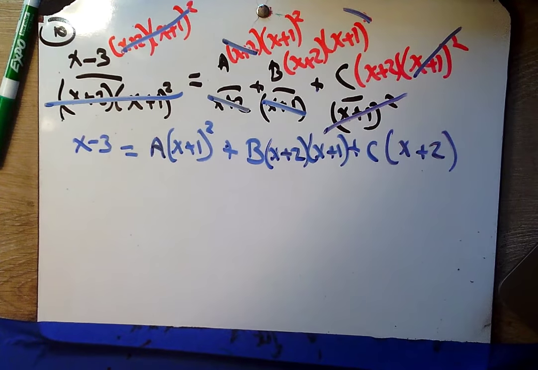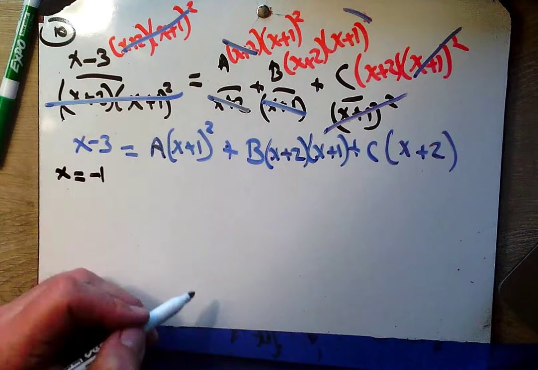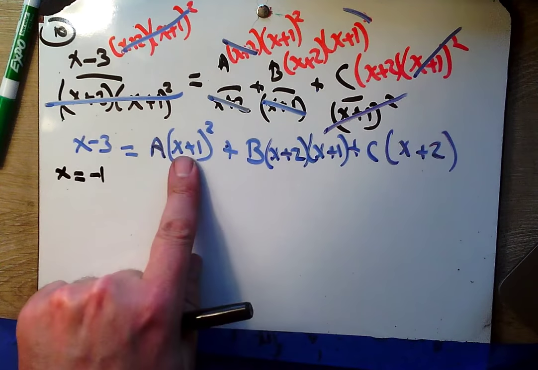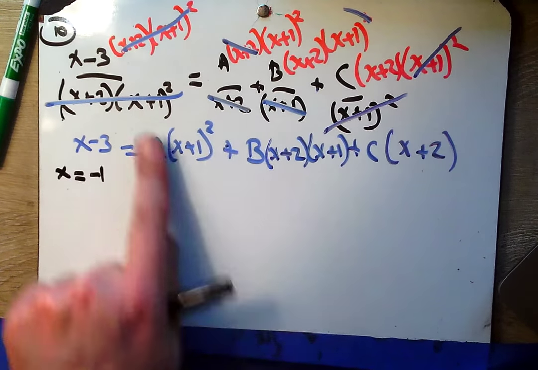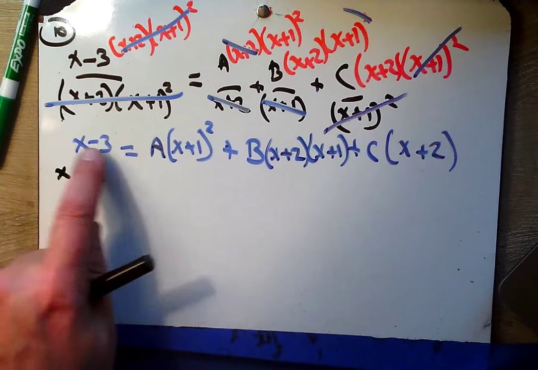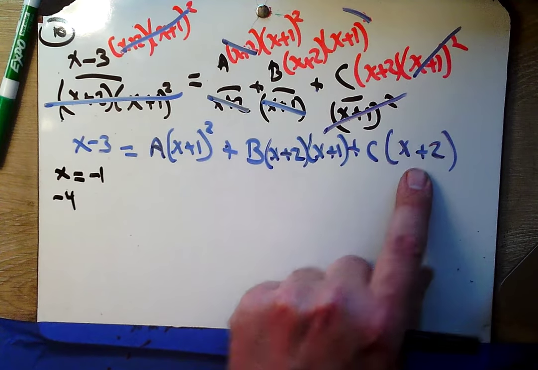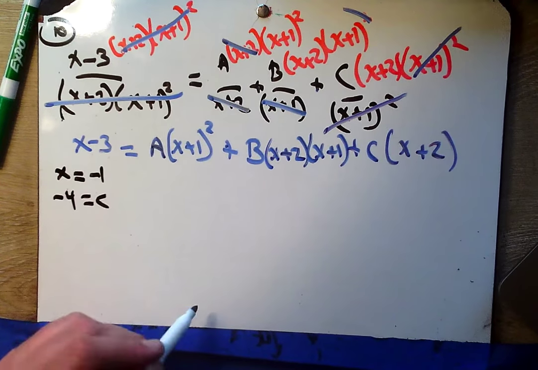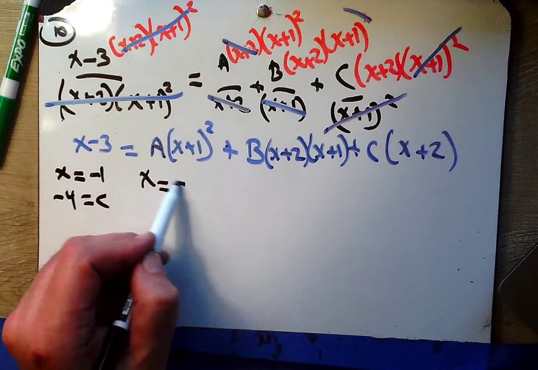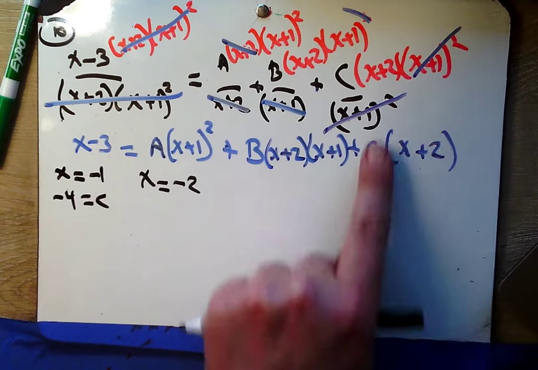And I think I'm about to say I don't want to do that foiling, and instead I'm going to use x equals negative 1. Why? Because this turns into 0, and this turns into 0, and so negative 1 minus 3 is negative 4, and negative 1 plus 2 is 1, C. And I'm done with C. And when x equals negative 2, well, negative 2 plus 2 is 0, so this goes away.